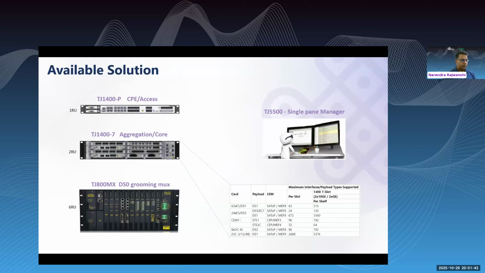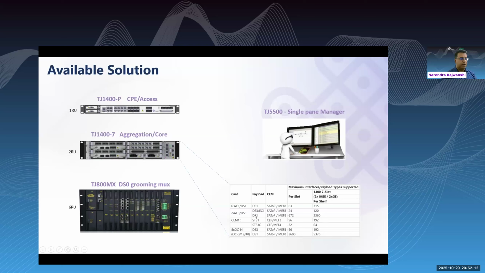If I just project the scalability number of this 2U shelf, a single 2U shelf can aggregate up to 5,376 DS1s, 1+1 protected in OC48s. So we can gather up to 5,000 plus DS1s from the network and drop them on the OC48s here. And likewise, you see other numbers in terms of the DS3s and DS1s that we can do.